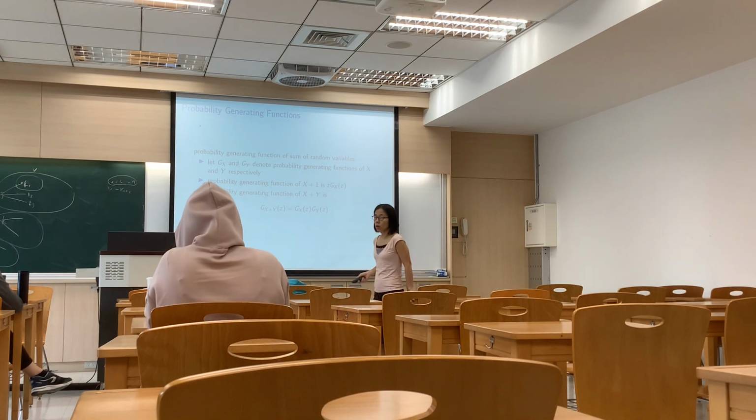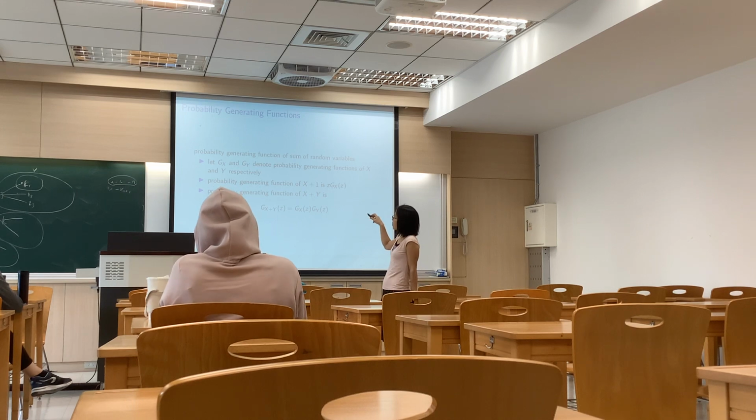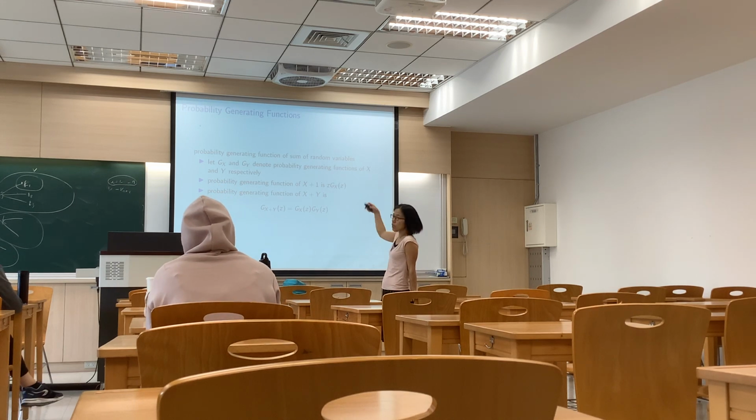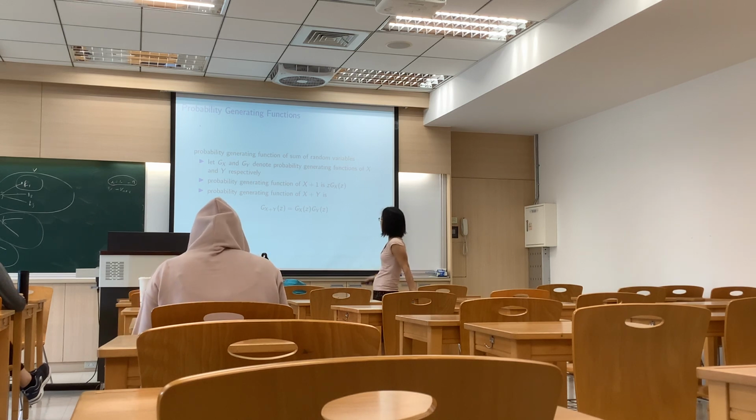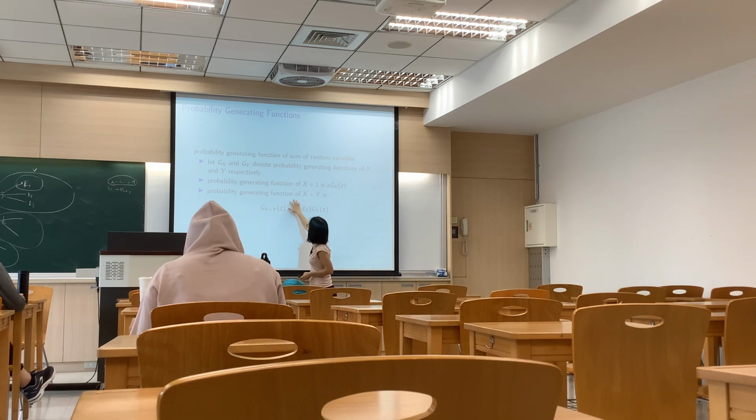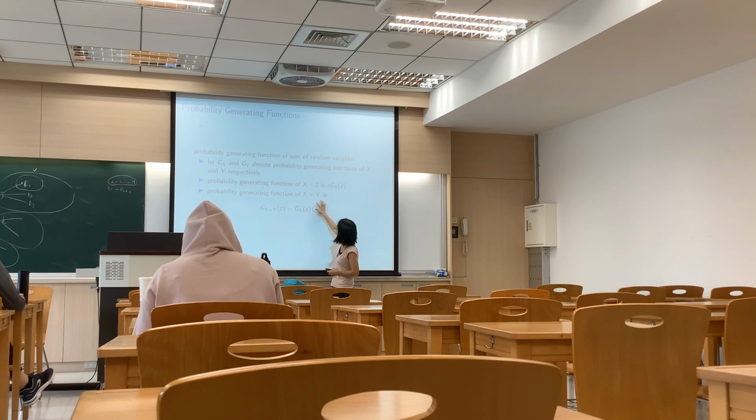I'm going to use something about probability generating functions. If you have two random variables, x and y, and gx and gy are their probability generating functions respectively, then the probability generating function of the random variable x plus y is just the multiplication of the two probability generating functions.